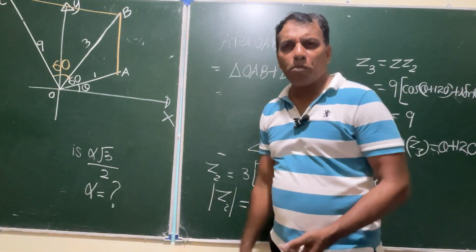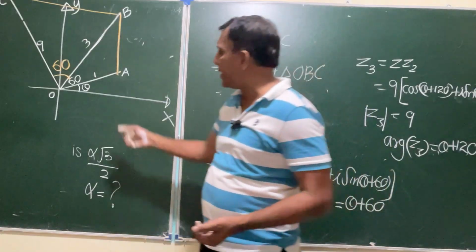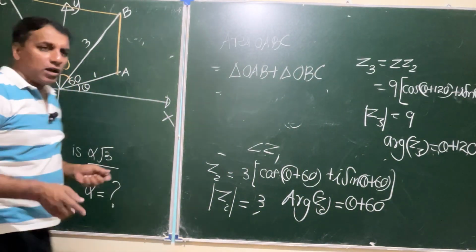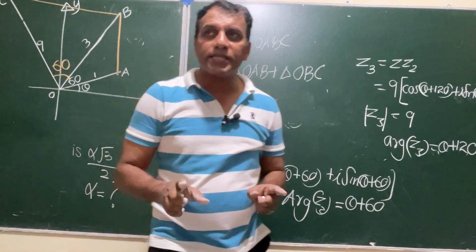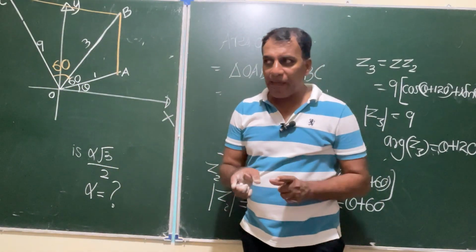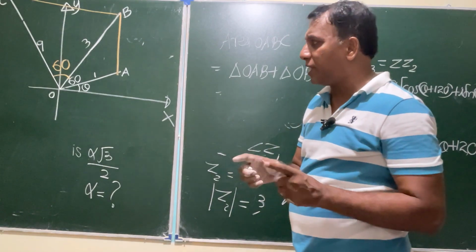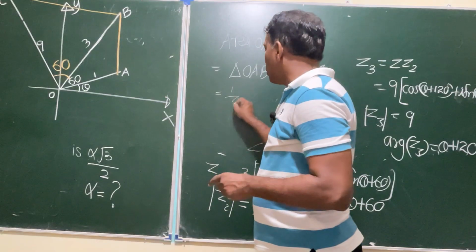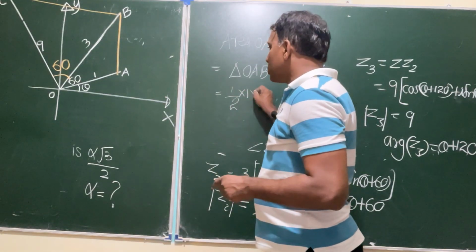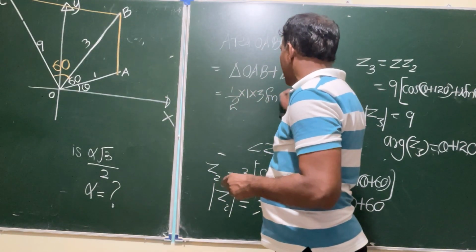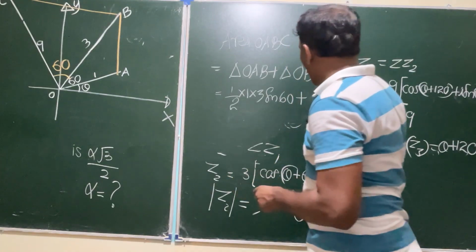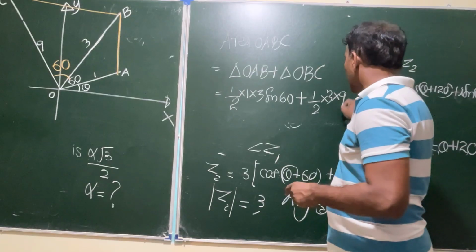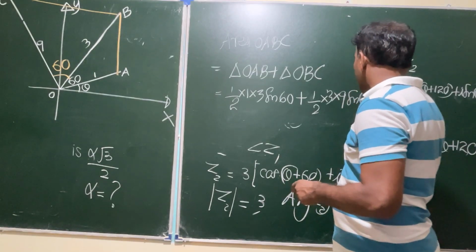You can use the trigonometric formula for area: two sides known, and the angle between them. What is the formula? Half ab sine theta. Half into 1 into 3 sine 60, okay. The other one, half into 3 into 9 sine 60, okay.